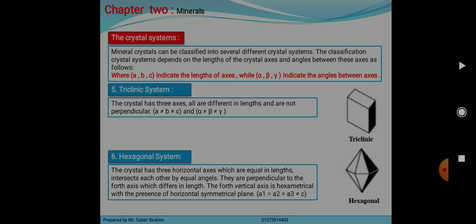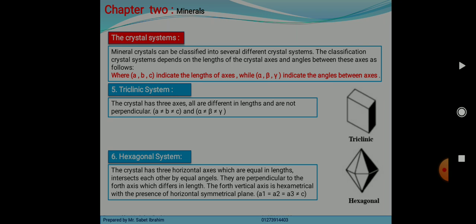The crystal system number 6 is the hexagonal system. Now, the number of axes is different. All the previous 5 crystal systems have 3 axes, but the hexagonal system has 4 axes: 3 horizontal axes which are equal in length, but one vertical axis is different from them in length.